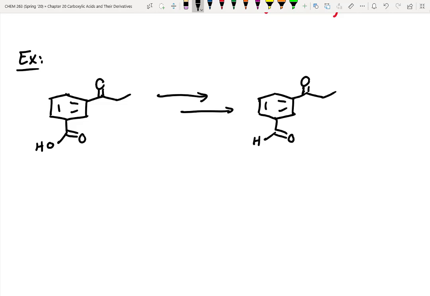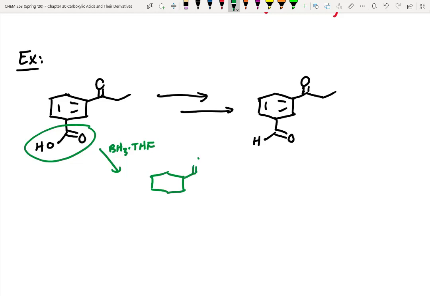Well, as we saw in the previous video, one way of doing this is to react this with BH3-THF, and this will selectively reduce the carboxylic acid group. So this would work. It would leave the ketone alone. And then if we wanted to, we could then get to the aldehyde using something like PCC.